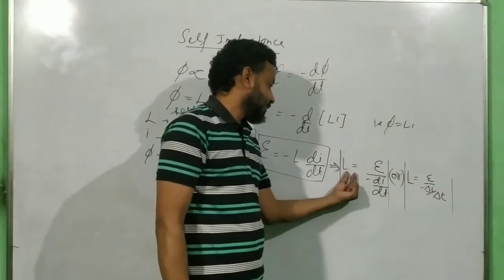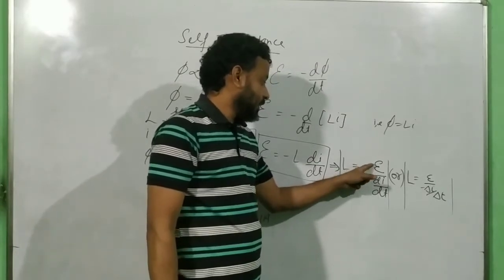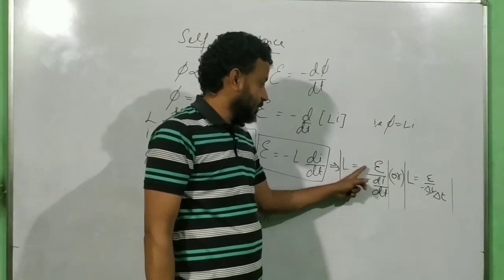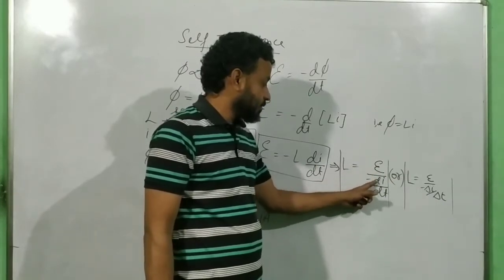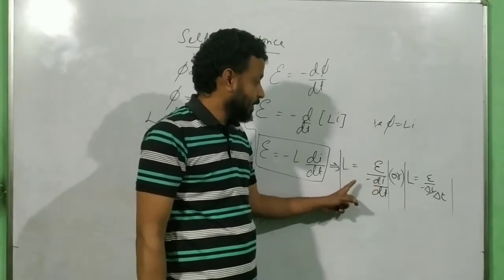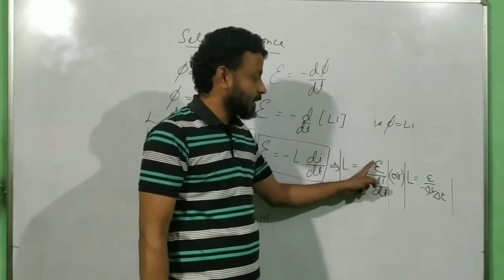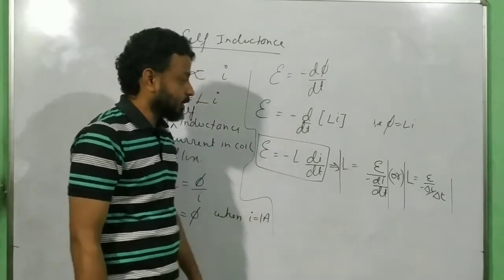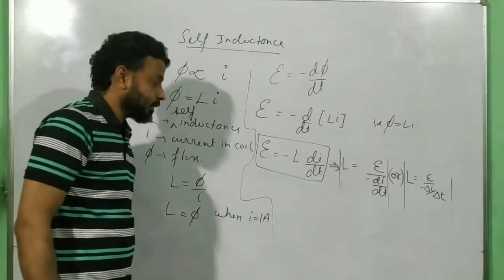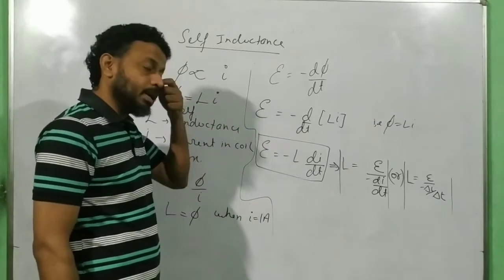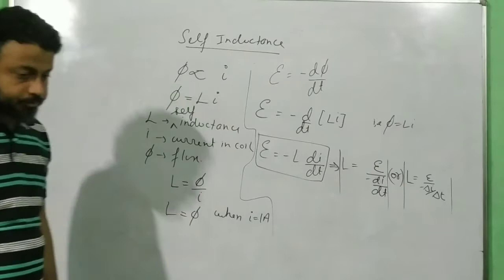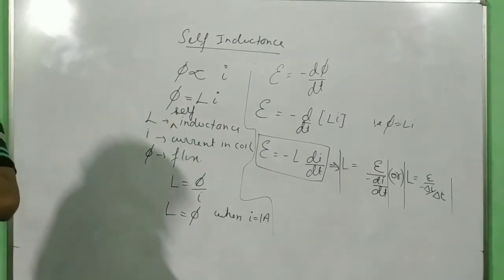Look here. Self-inductance is equal to the EMF when the rate of change of current is unity. When di by dt is unity, then the self-inductance is equal to the EMF developed across the coil, or when the rate of change of current is 1 ampere per second.